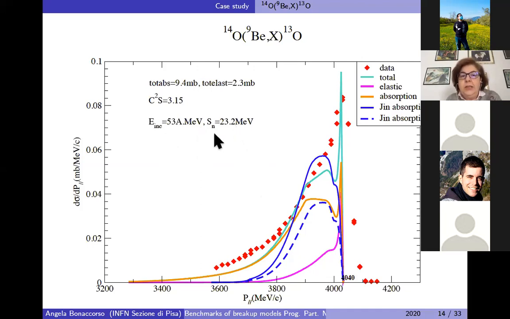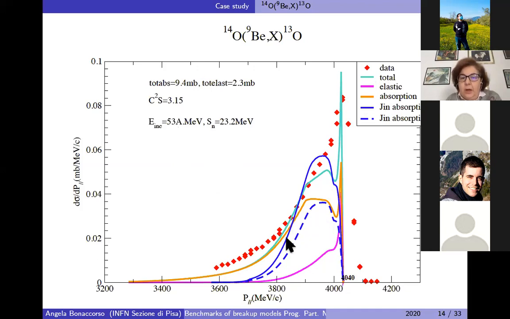Second, the separation energy of the neutron was very high. By simple energy conservation, if you subtract 23 from this, you would see that on average each neutron in the continuum would have about 30 MeV, which is not very much. Anyway, by doing the calculation with my semi-classical model, the total I get is this green curve.